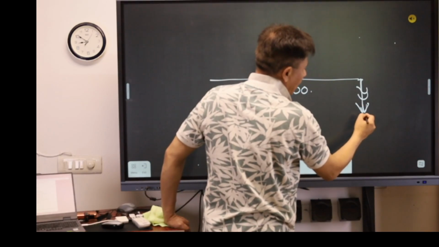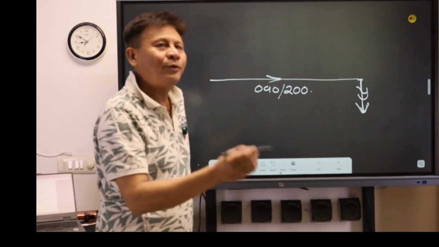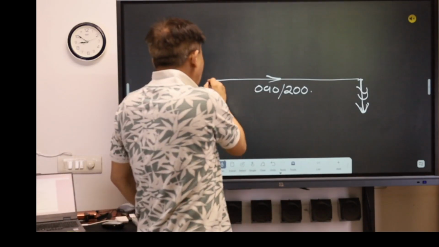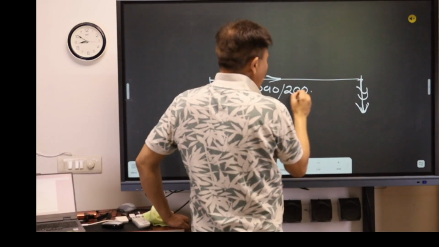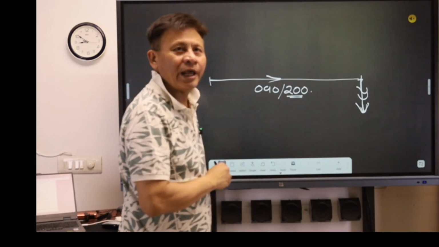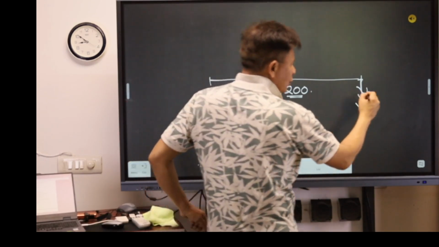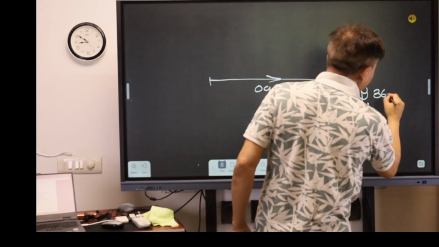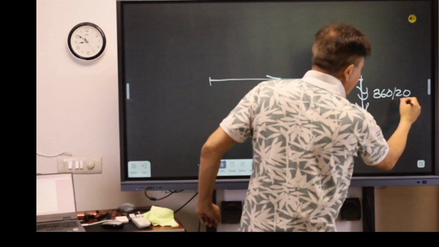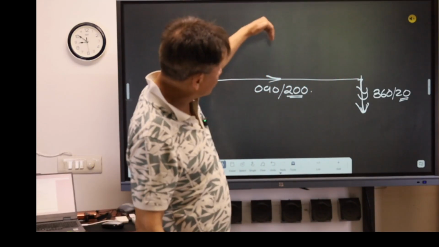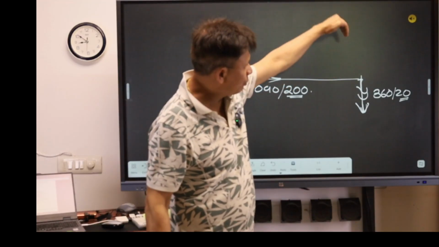Now let us assume that if you fly for 1 hour, the aircraft would have traveled 200 nautical miles because its TAS is 200 knots. In this case, the wind velocity is 360 at 20 knots. This is also in 1 hour. So the wind will continuously push me throughout this 1 hour.